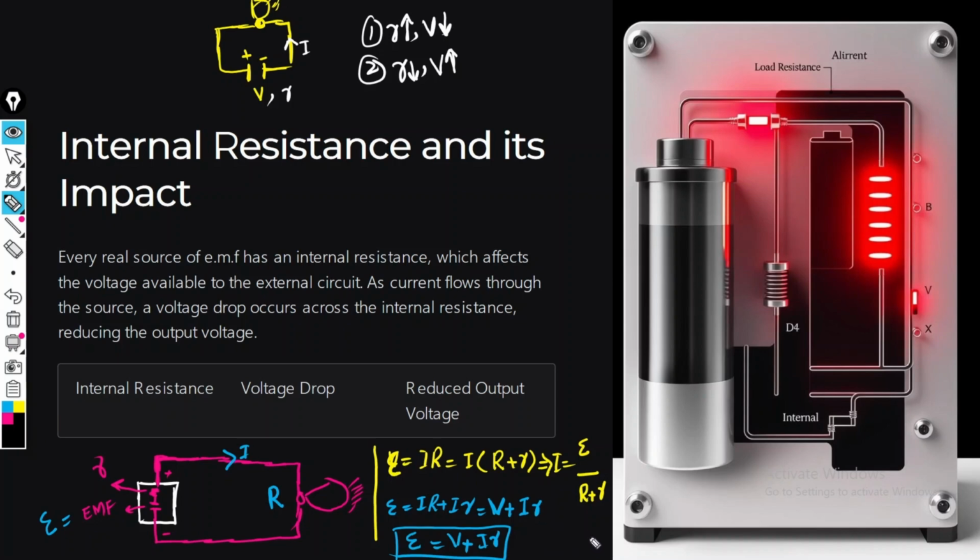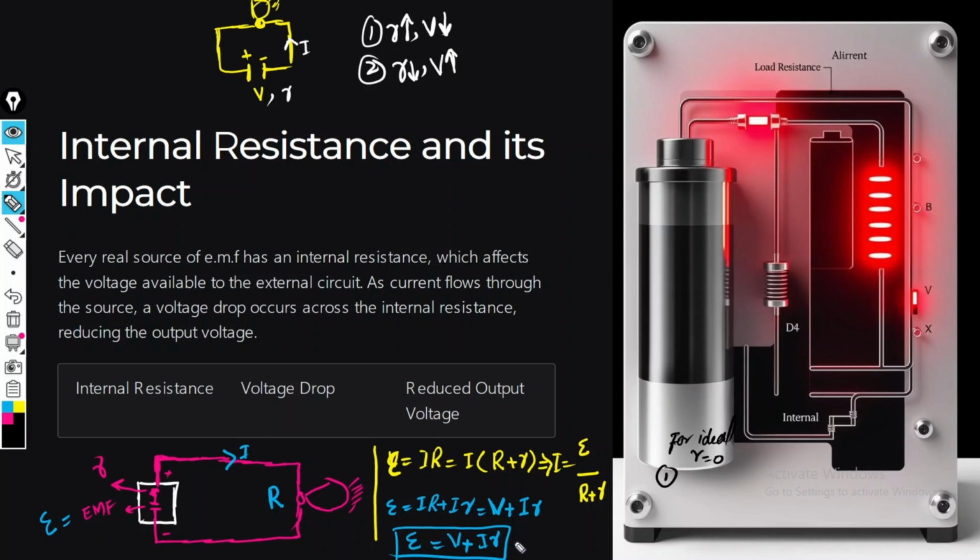So here we have two conditions. First, for the real battery, this small r will always be present. Internally, the resistance will always be there. For the ideal battery, we will put r equal to 0.